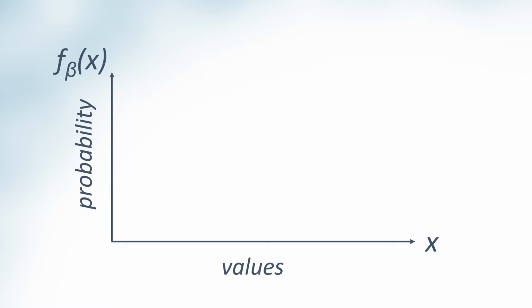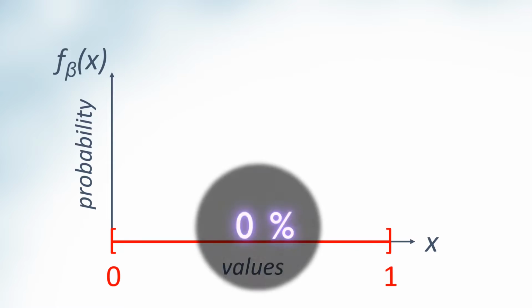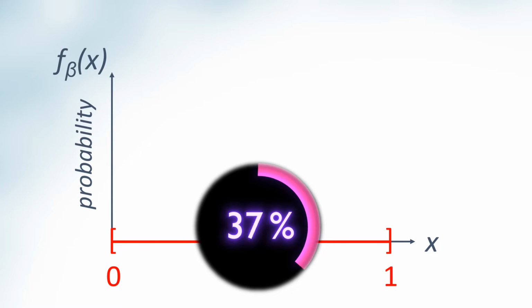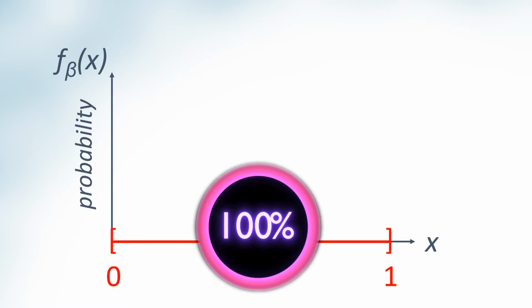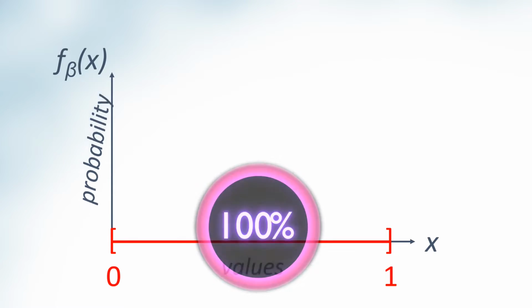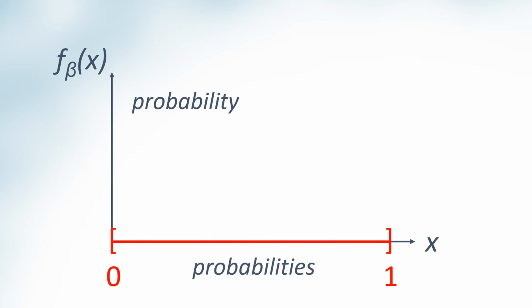However, what sets it apart is its unique domain of definition, which is confined to the closed interval between 0 and 1. With that, the beta distribution offers a framework for modeling the likelihood of anything around percentages, shares, or likelihoods, and is therefore often referred to as the probability of probabilities.